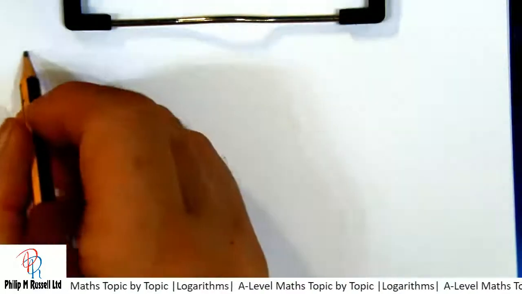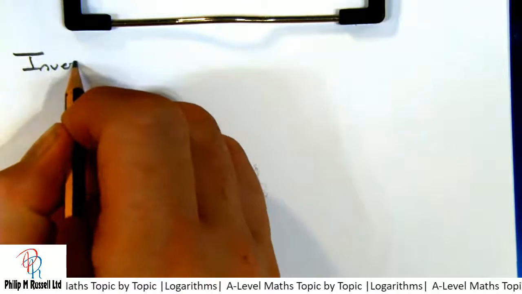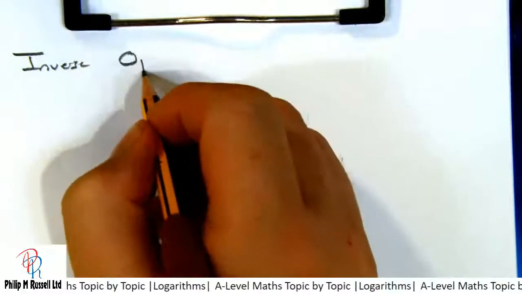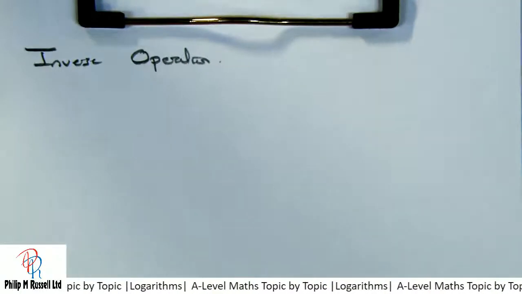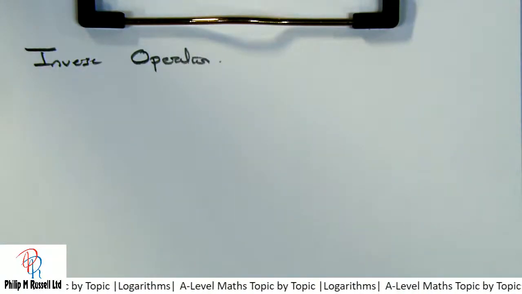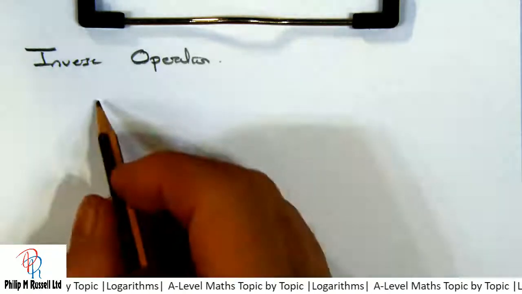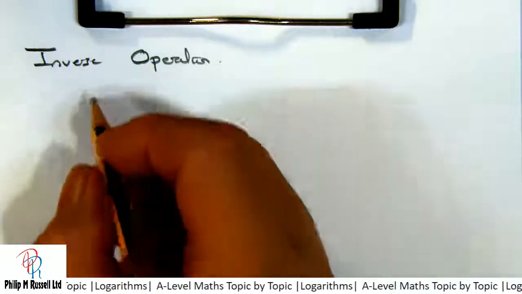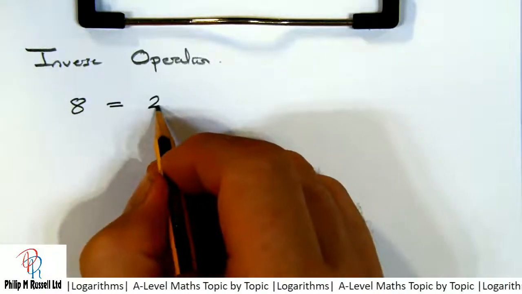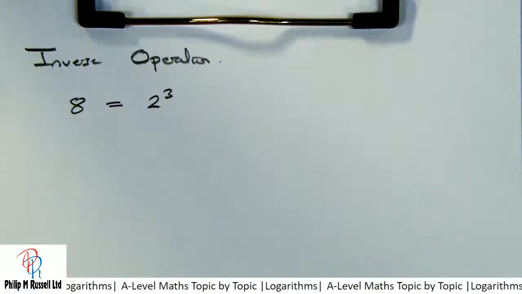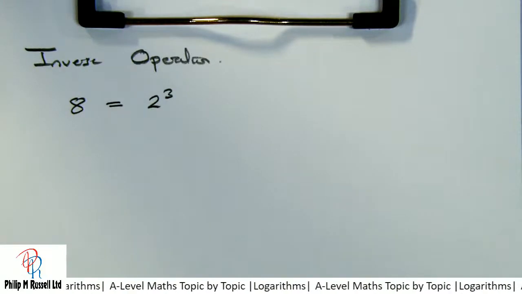Last thing, and that is knowing something about something called an inverse operation. What do we know? Well, when we started, we knew various things. I know that perhaps a number like 8 is 2 to the power of 3.